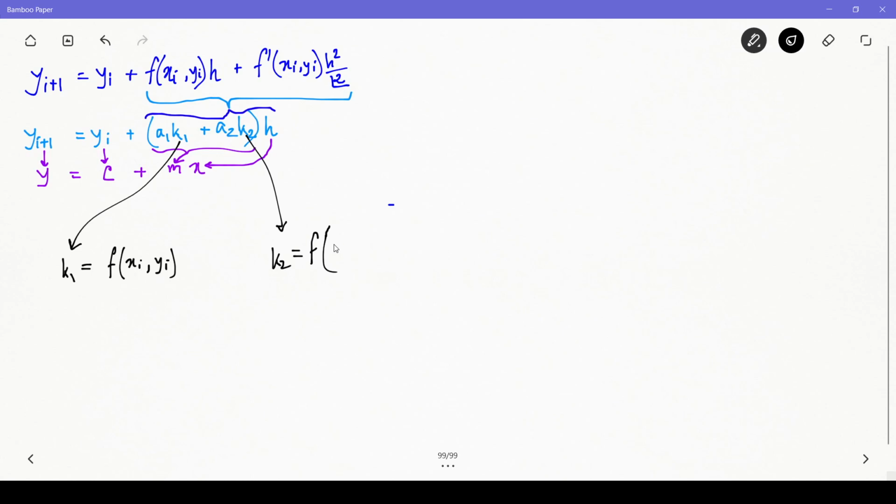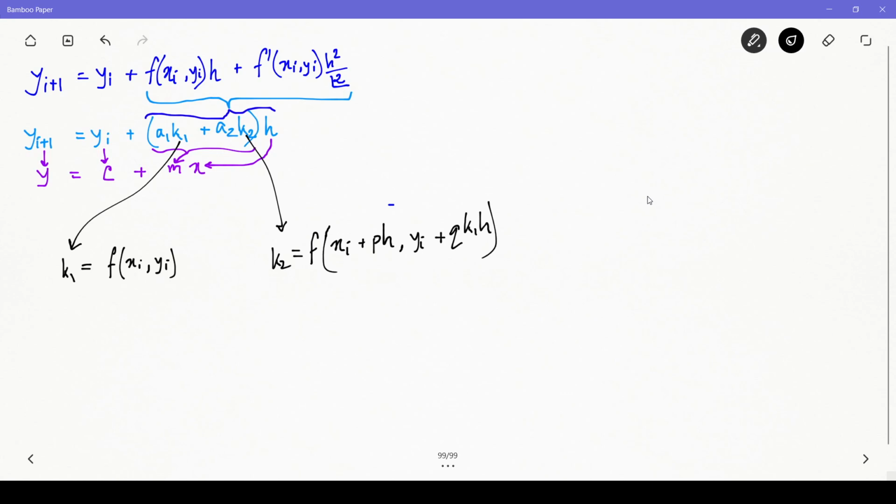If I recall correctly, it was x sub i plus ph. I'm omitting the subscripts because I don't think they're needed. Times ph, was it? Yes. And y sub i plus q k1 h. So you can see that this slope value k1 is being reused in order to find the value of k2, right? So k2 is dependent on k1. Fine. So these two are my slope values.